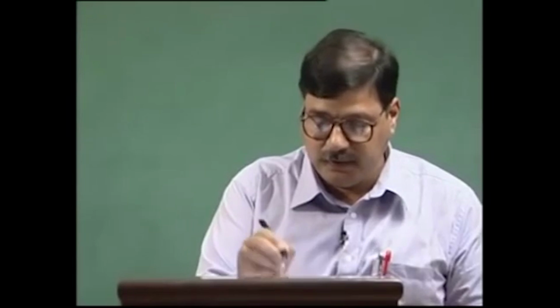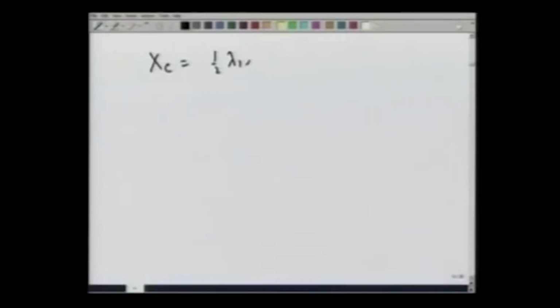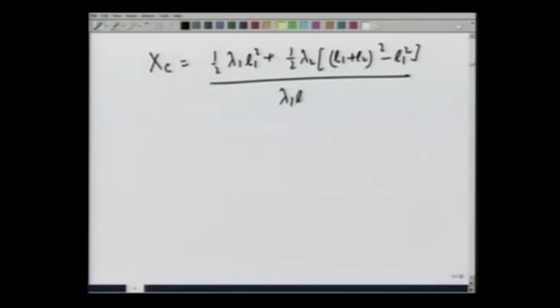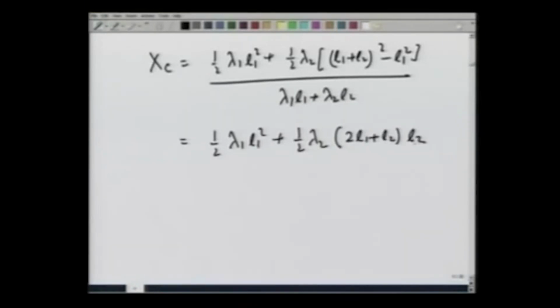You simplify this and you get x_c to be 1/2 lambda 1 L1 squared plus 1/2 lambda 2 (2 L1 plus L2) times L2, divided by lambda 1 L1 plus lambda 2 L2.